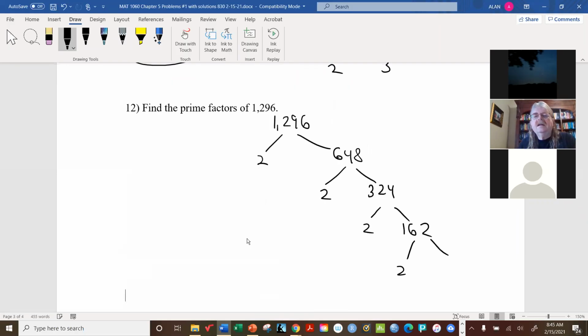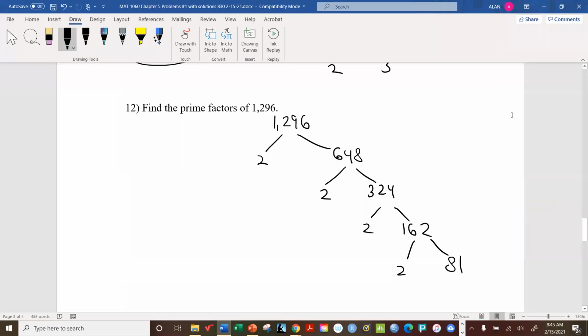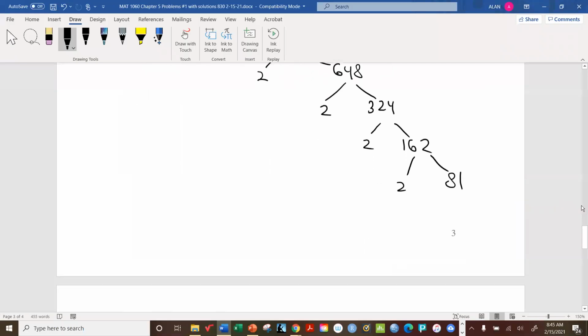Even again. Here we go. Our first odd number. Now you know that 81 is 9 squared. So why don't we try 9 times 9? Or you could have done 3 times 27. And then each of these is 3 and 3. All right, that's a lot of factors.